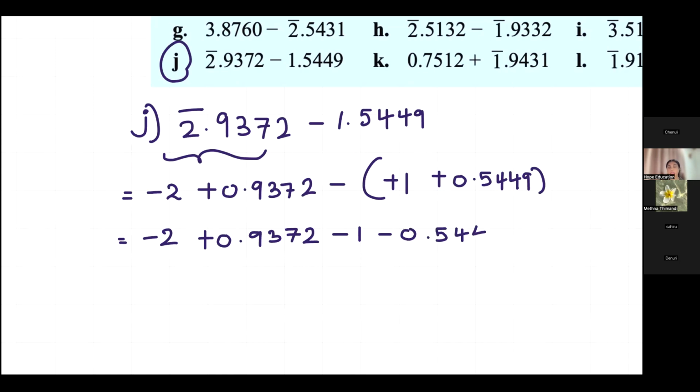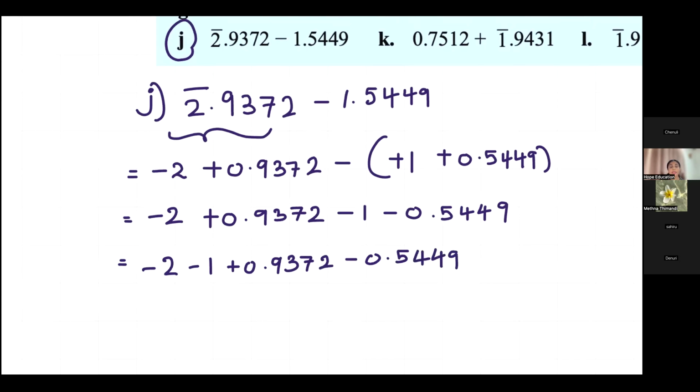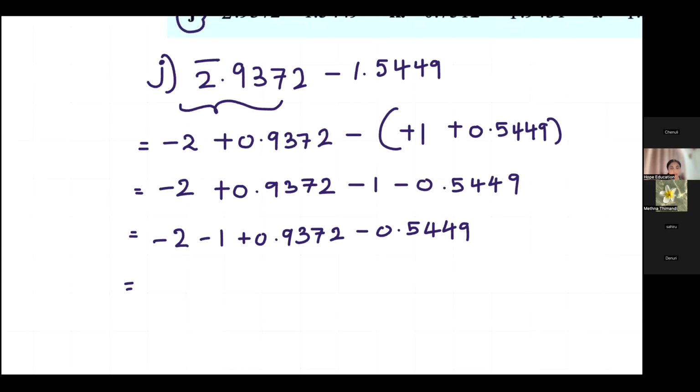Then we will write the characteristics together and the mantissas together so that it's easy for us to work with. So minus 2, minus 1, plus 0.9372 minus 0.5449. Characteristics simplified together: minus 2 minus 1 is minus 3.